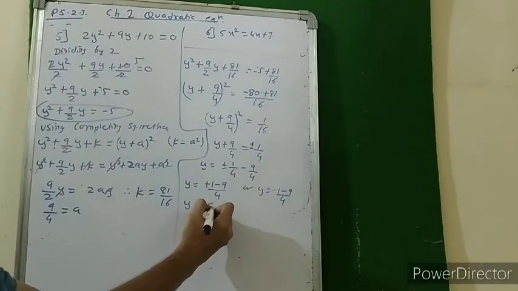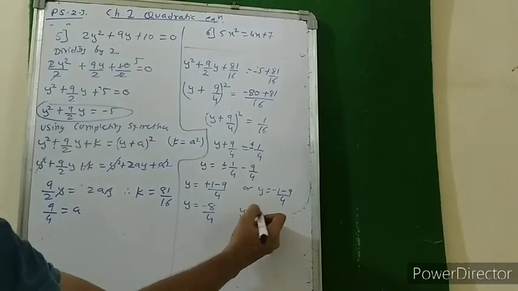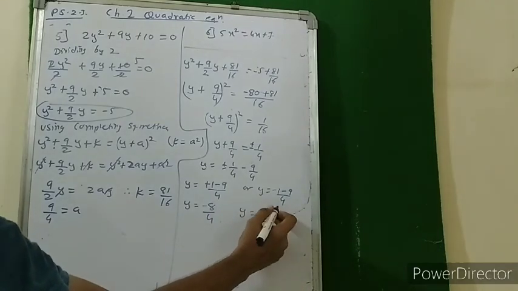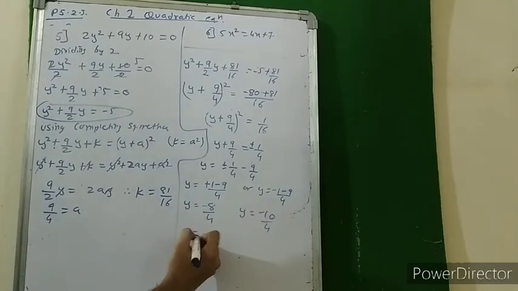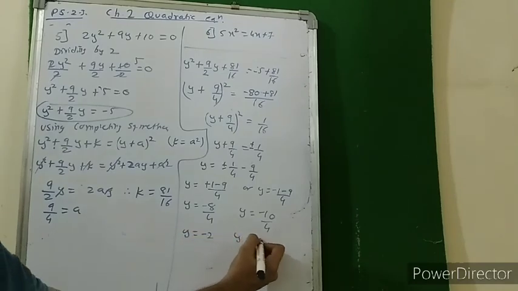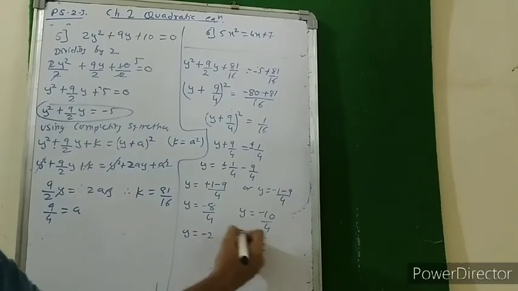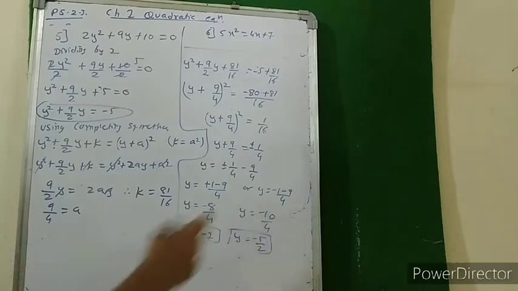Y is equal to minus 8 upon 4, y is equal to minus 10 upon 4. So y is equal to minus 2, or y is equal to minus 5 upon 2 after dividing by 2. Okay, so we have the value of y is minus 2 and y is equal to minus 5 upon 2.